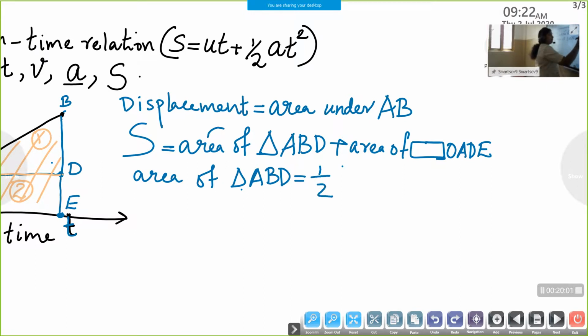It is half base into height of the triangle. That is equal to half into base. Which is the base here?